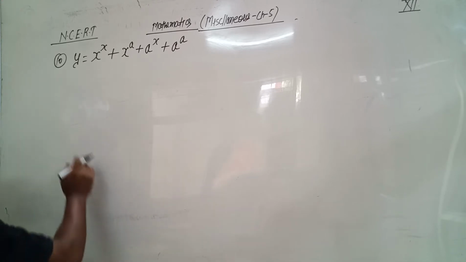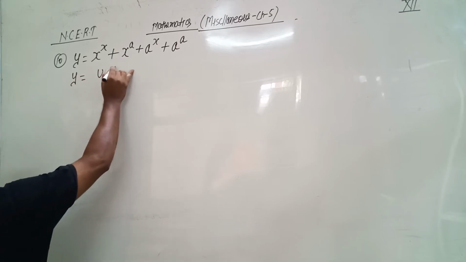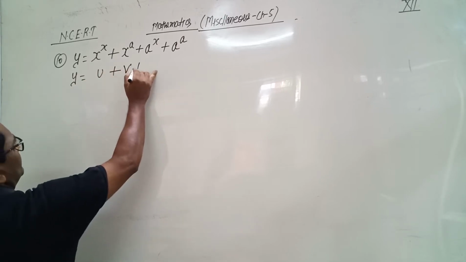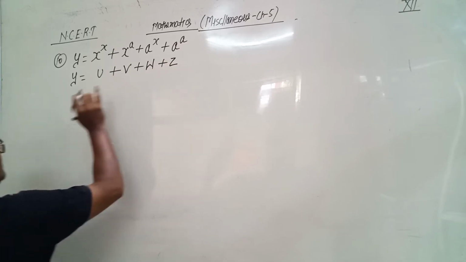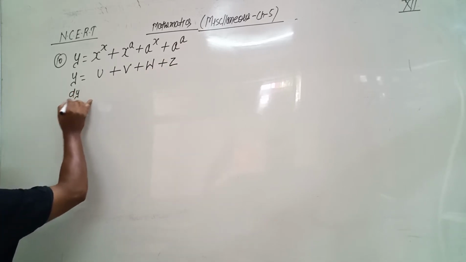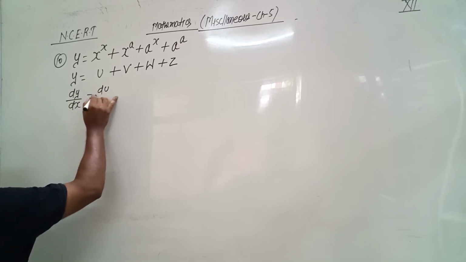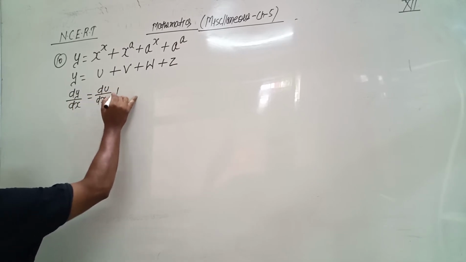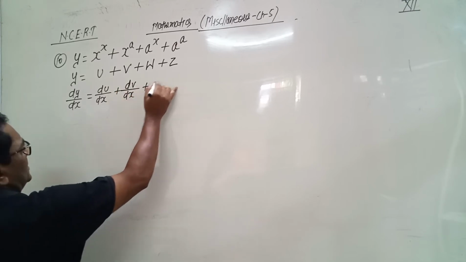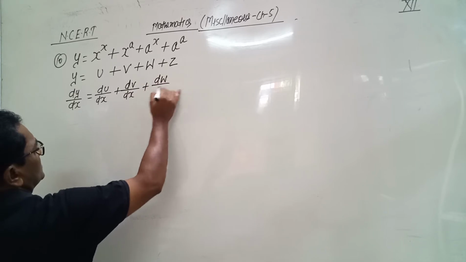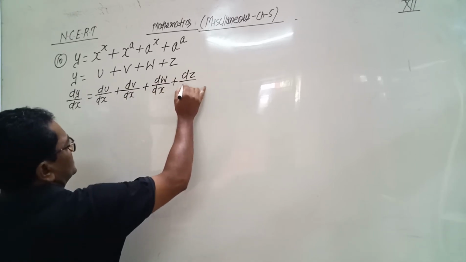So we suppose y equals u plus v plus w plus z, and we differentiate with respect to x. So dy by dx equals du by dx plus dv by dx plus dw by dx and then plus dz by dx.